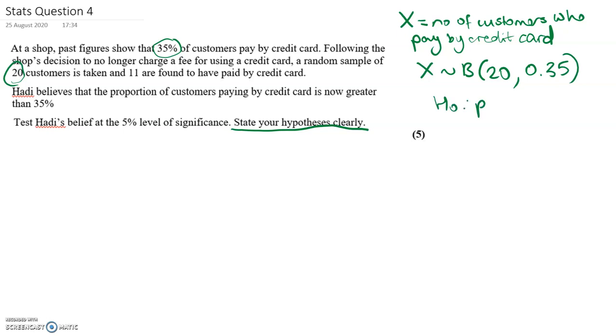My null hypothesis assumes that the probability remains unchanged, and the alternative one, because it says greater, his belief is that it's greater than, has to be p greater than 0.35.